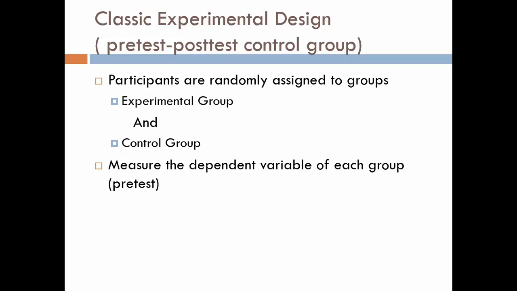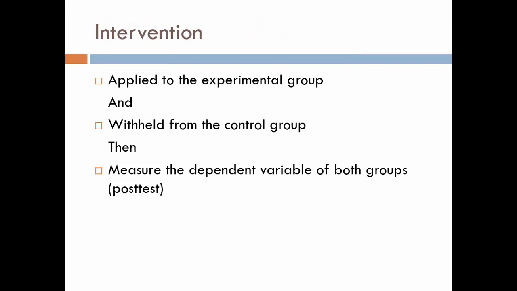We want to find out if cognitive behavioral therapy helps reduce anxiety. So the pretest would be an anxiety scale. Before our study started, after we randomly assigned them to groups, we'd give everybody an anxiety scale to determine where they are in the anxiety level, both our experimental group and our control group.